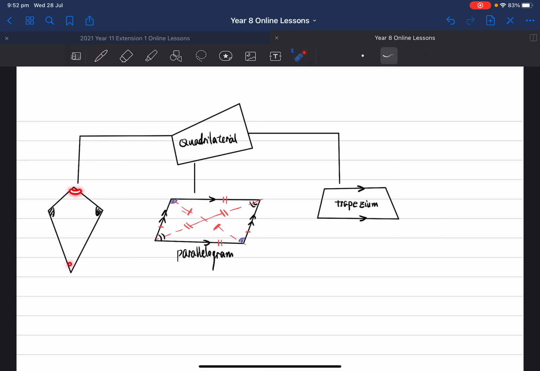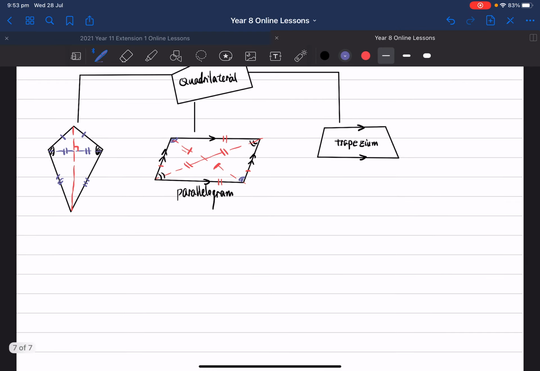So the angle here is not equal to the one there. Another important piece of information about a kite is the diagonals. They are perpendicular to each other, 90 degrees, and one diagonal bisects the other. These two sides are equal to each other, and from the diagram you can see that adjacent sides, the sides next to each other, are equal.